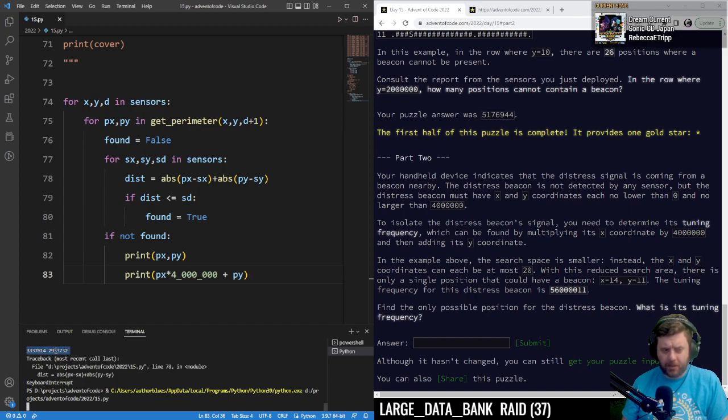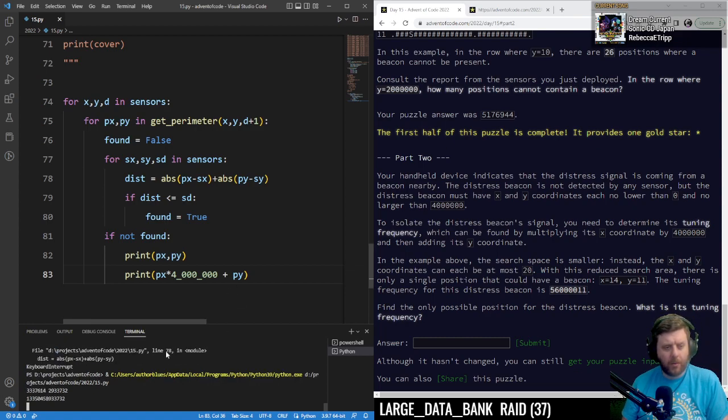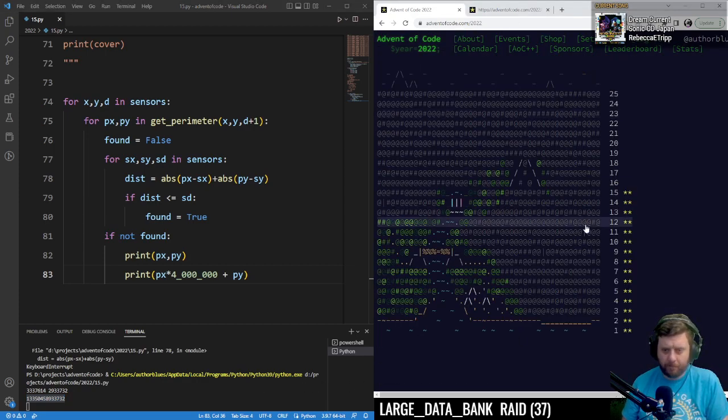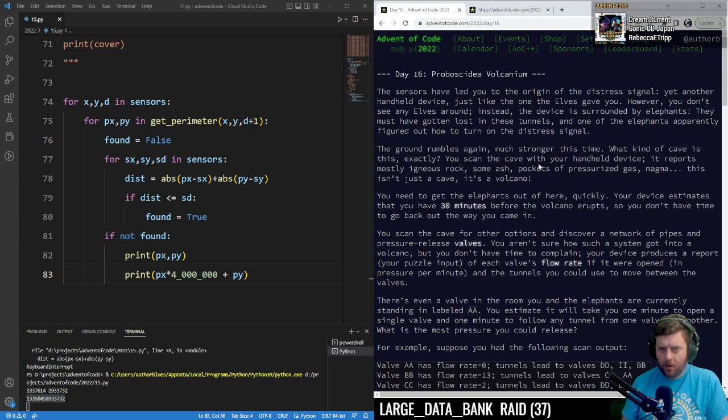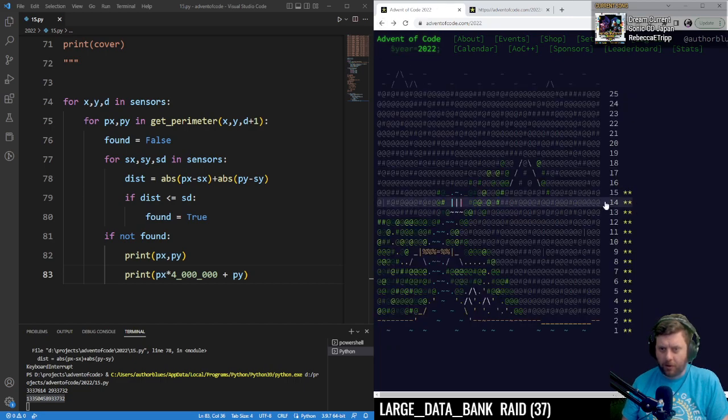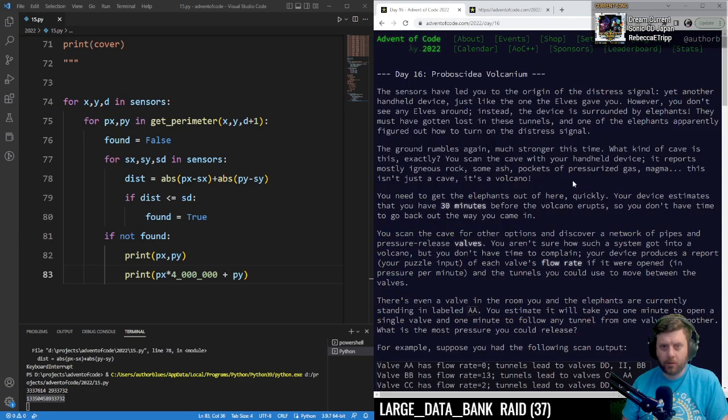I could just take these numbers and do the math myself, but why would I do that? Okay. Maybe not the most efficient way to solve that problem, but good. Worked.